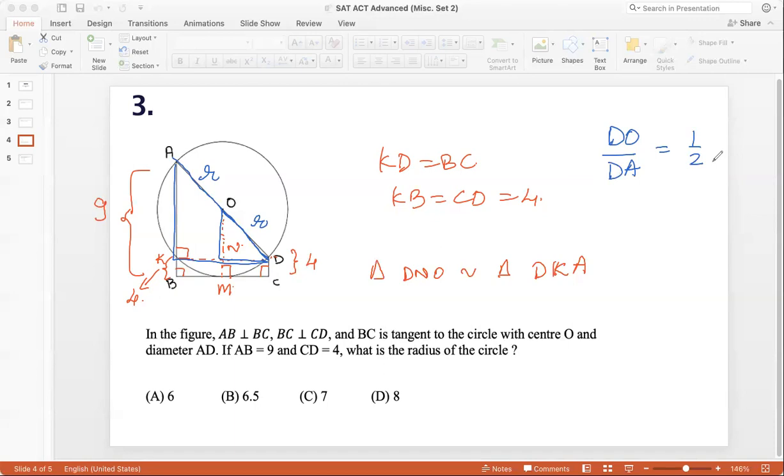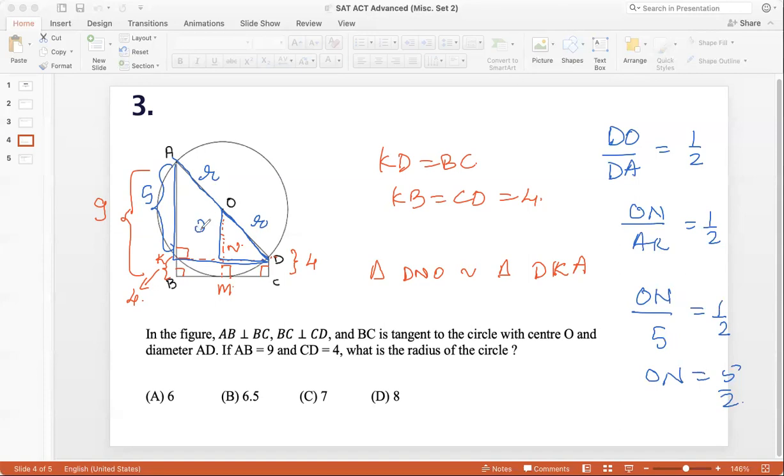So by the same logic, ON by AK will also be 1 by 2, right? Because ON and AK are the corresponding sides. Now, what is AK? AK is 9 minus 4. So AK is 5. So I can say ON by 5 is 1 by 2. So ON is 5 by 2.